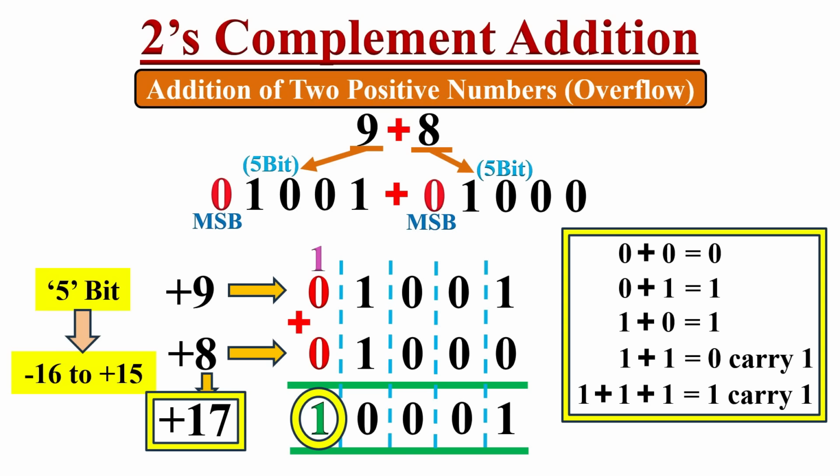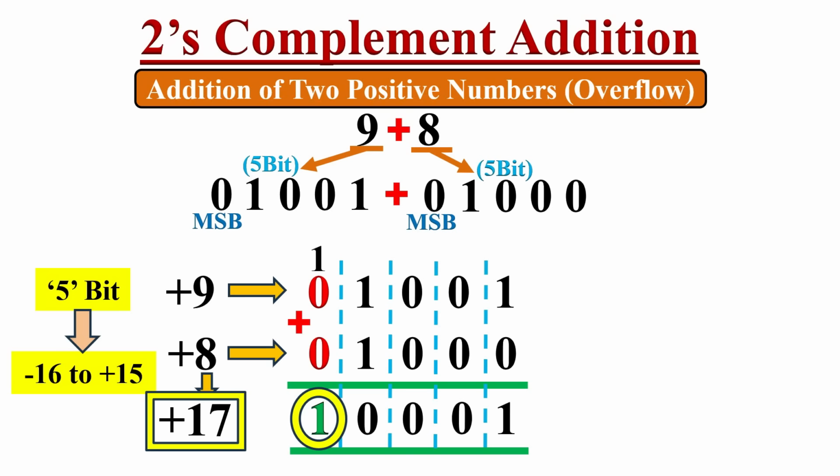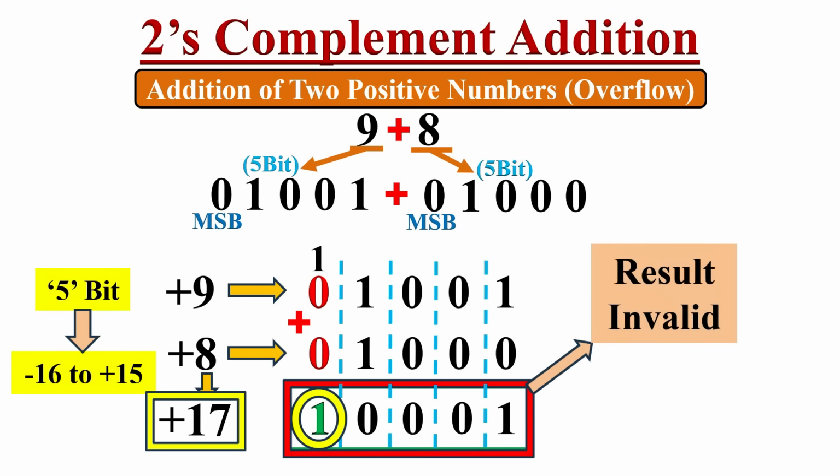Here we are adding two positive numbers, so the answer must also be a positive number with MSB as 0. So by looking at the answer, we can say that the answer is incorrect. This means whenever the answer is beyond the range of 2's complement representation, we will get an invalid result, which can be said to be an overflow condition.